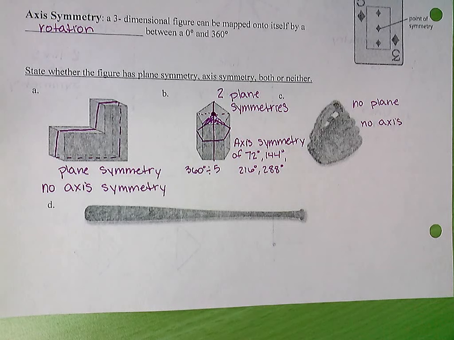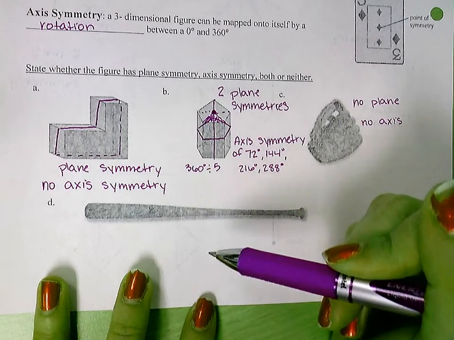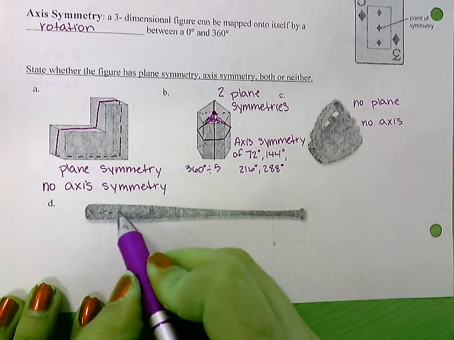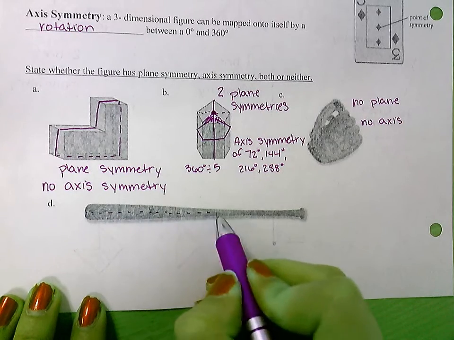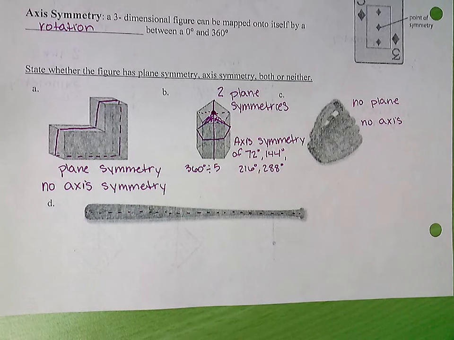Do I have plane symmetry in a baseball bat? Well, I don't if I vertically cut it, right? What about if I cut it horizontally through the center? Slice it all the way through the center horizontally.